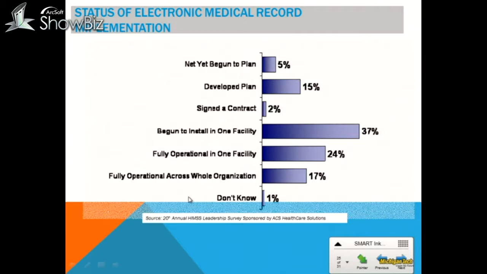So there are many things to do to push the adoption of the EMR. EMR is one of the big things currently in health information system applications in the United States.